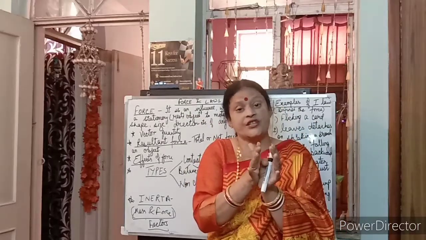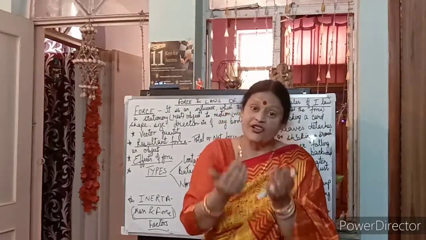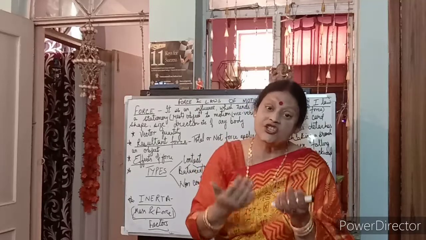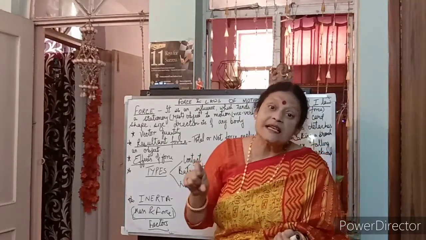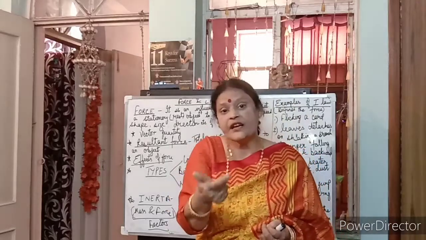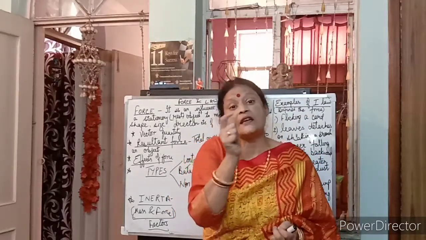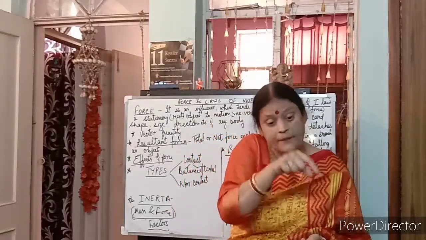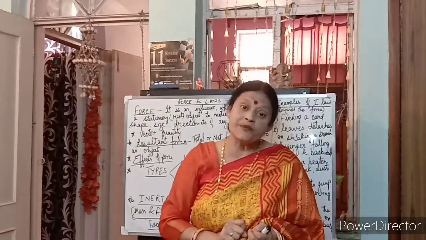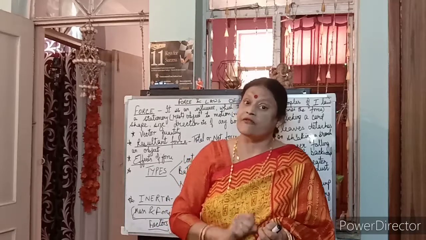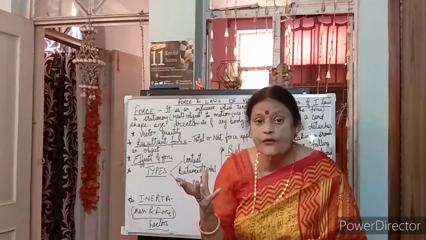The size will decrease, the shape will change. So direction, size, shape may change when we apply any force. These are the impacts on an object; that object will show these impacts. Then finally, what is the term force?